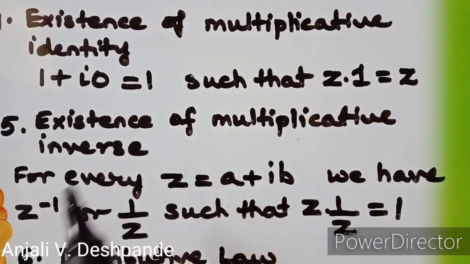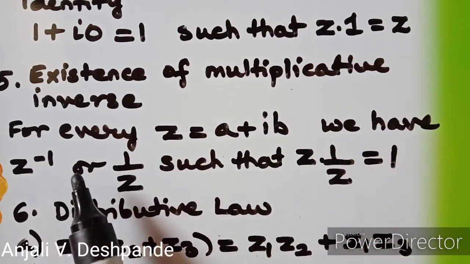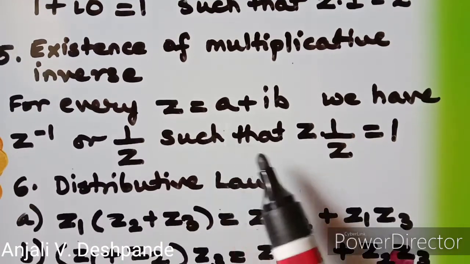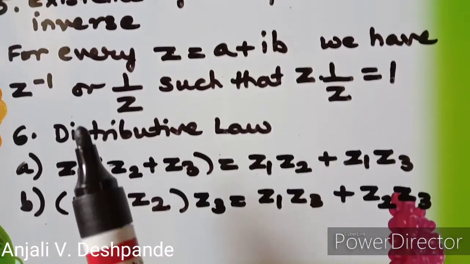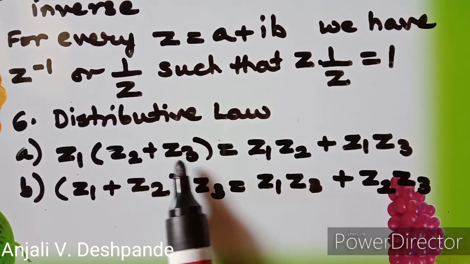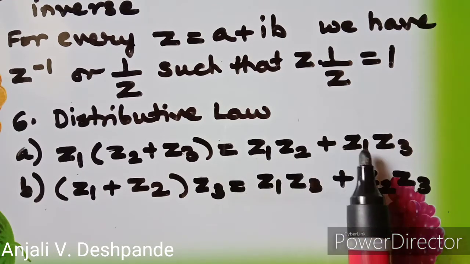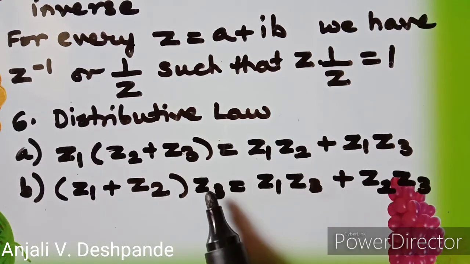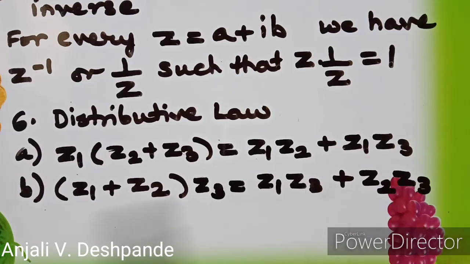Existence of multiplicative inverse: for every complex number z equal to a plus ib, we have its multiplicative inverse, called z inverse or 1 upon z, which is such that z into 1 upon z is equal to 1. And then we have the distributive law: z1 into (z2 plus z3) is equal to z1 into z2 plus z1 into z3, and the second distribution is (z1 plus z2) into z3 is equal to z1 z3 plus z2 into z3.